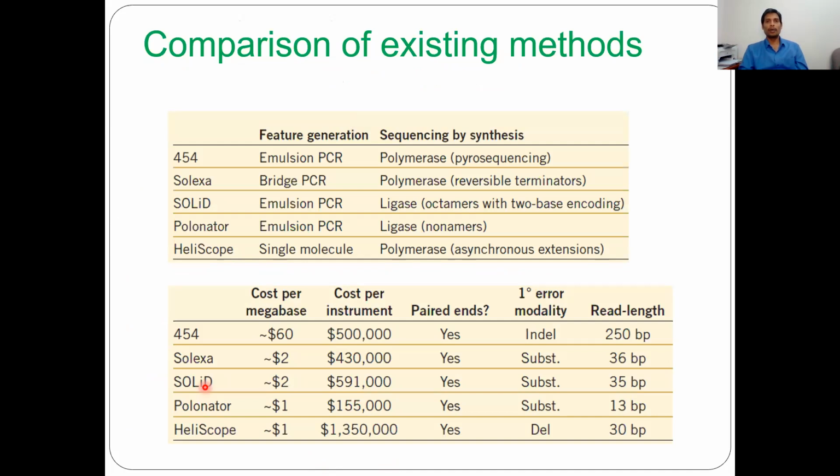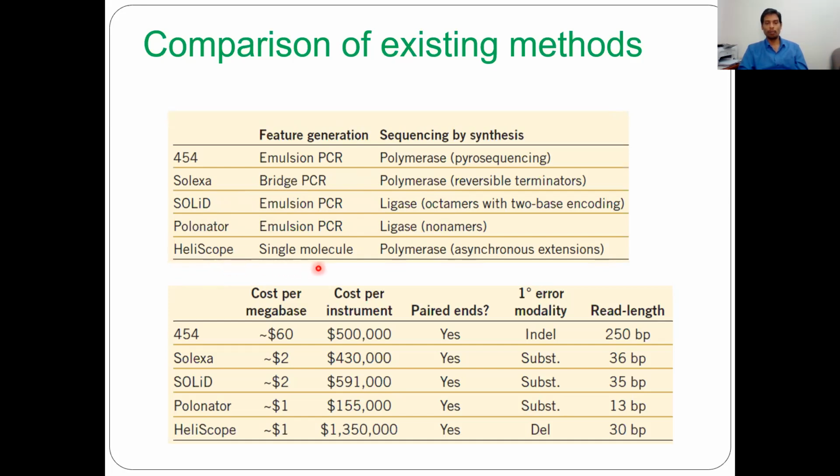And this is the comparison with the existing NGS technologies. What we learned now is 454 pyrosequencing and Solexa, which is Illumina sequencing. 454 takes emulsion PCR as a feature, with sequencing by polymerase, while Illumina uses bridge amplification and polymerase. SOLiD also takes emulsion PCR for cluster generation, and ligase as the sequencing method.